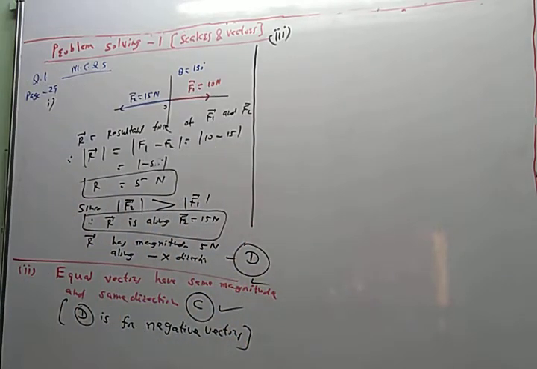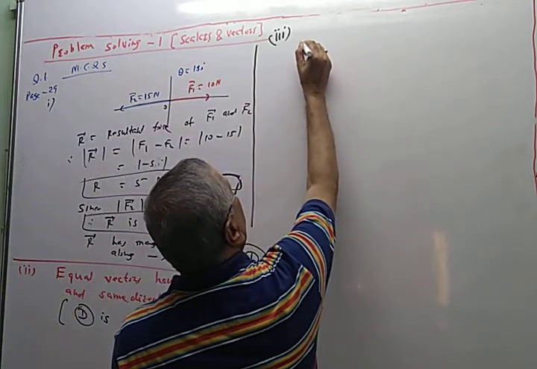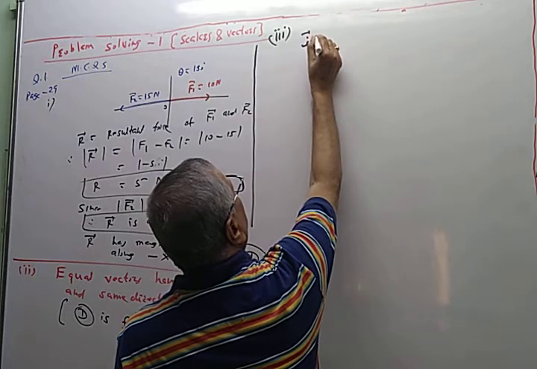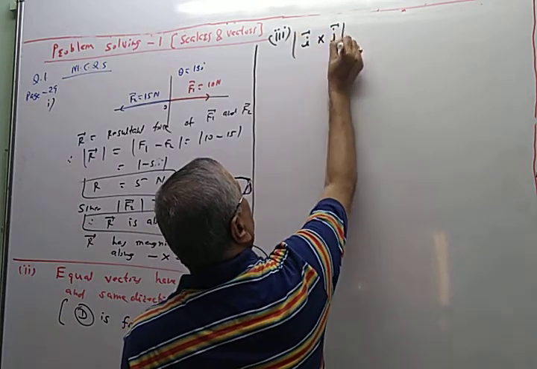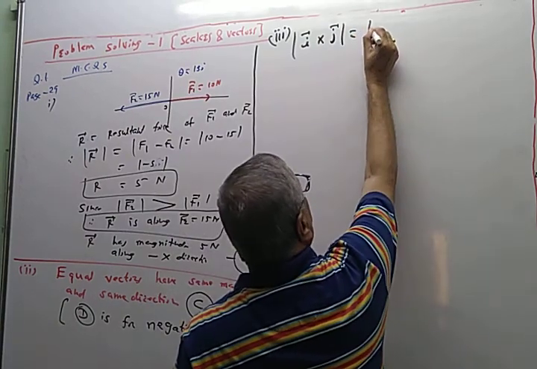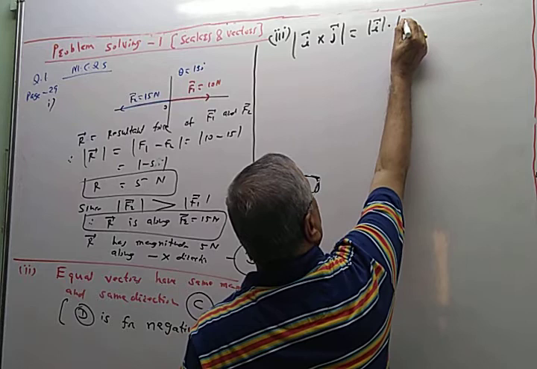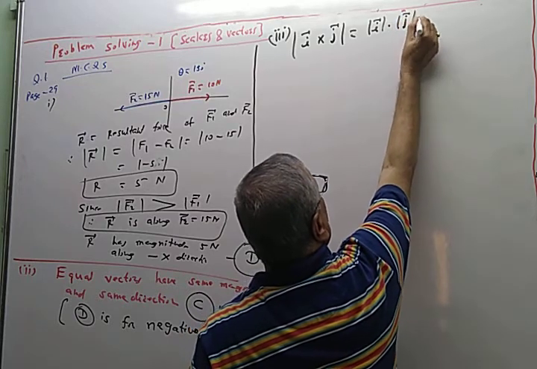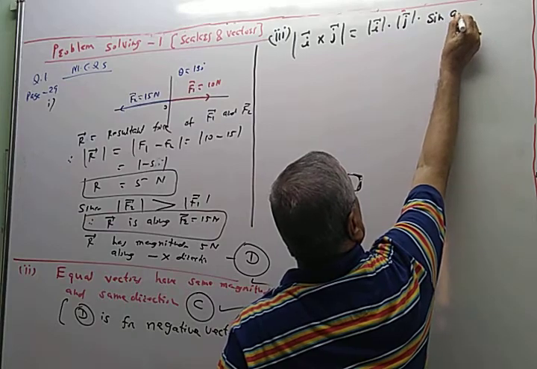So, unit vectors perpendicular to each other. We can consider i and j. Unit vector i cross unit vector j has magnitude: magnitude of the first vector multiplied by magnitude of the second vector multiplied by sine of the angle between i and j.